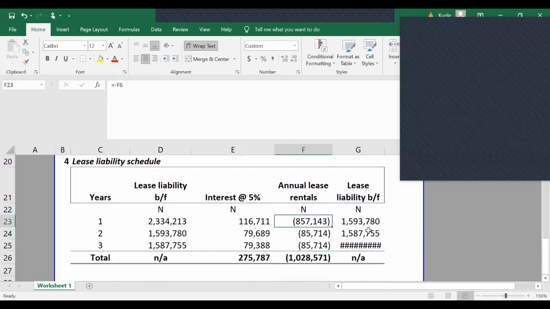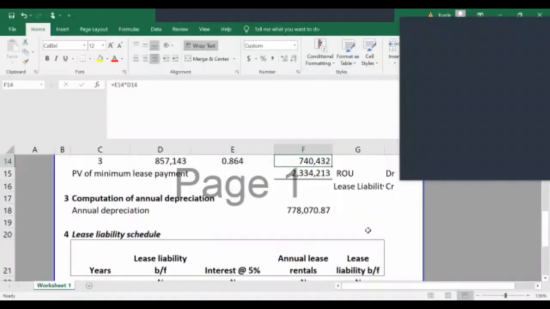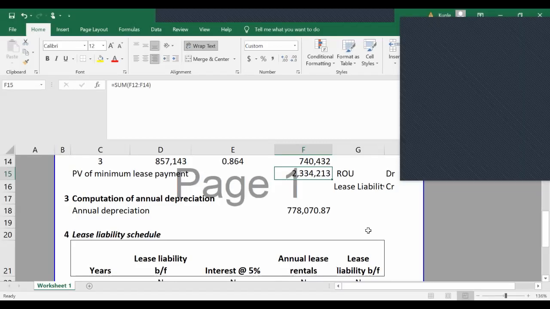The next thing is that the thinking of IFRS 16 is that this 2.3 million will be invested at an interest rate of 5%. And as the interest accrues, you will use it in what? Making your rental payment.